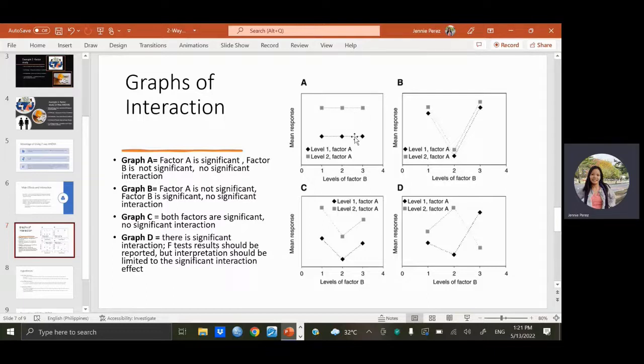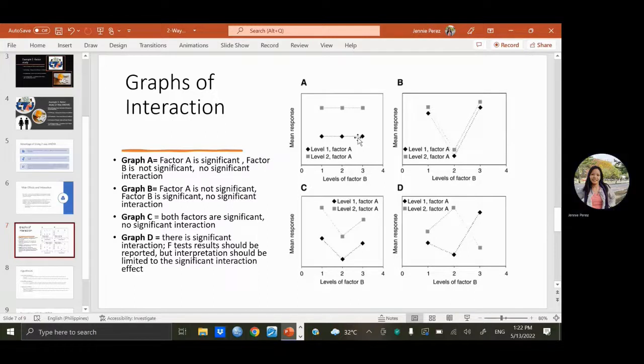There are two conditions for factor A and three conditions for factor B. So the mean scores for level 1, level 2, and level 3 are just about the same. Okay, so factor B is not significant, and there is no significant interaction between the two factors.